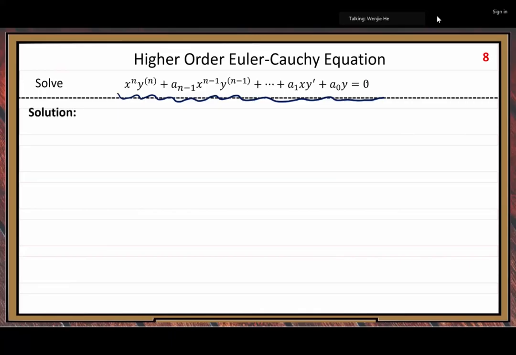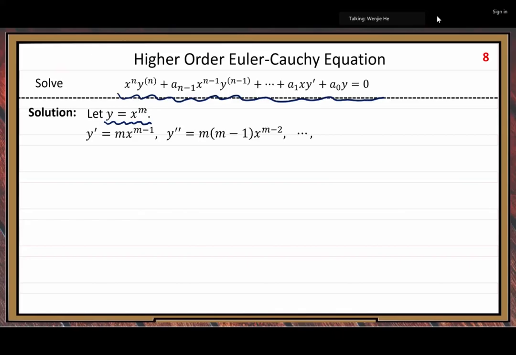And for the solution, we use the similar assumption. So the key assumption is this: y equals x to the m. But the m here could be a complex number, so real or complex.